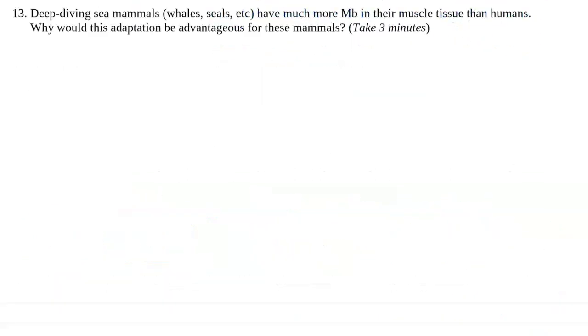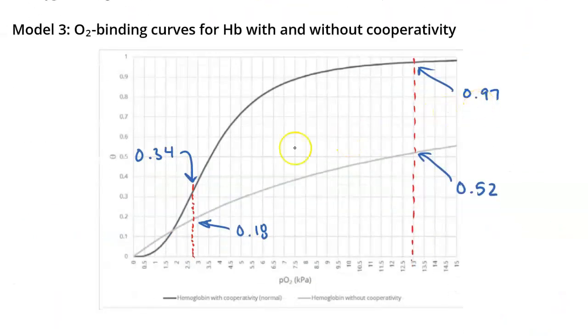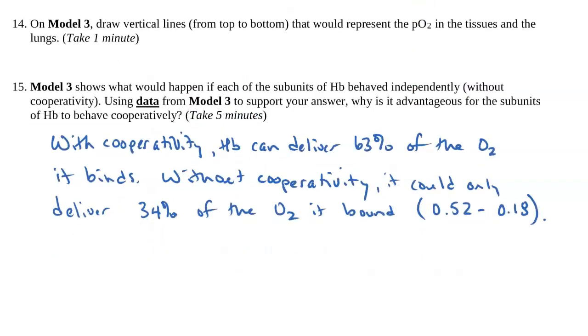But without cooperativity, what can it bind? 0.97 minus 0.34 is with cooperativity. I'm reading this as 0.52 minus 0.18. So that is only 34%. Without cooperativity, it could only deliver 34% of the oxygen that it bound. So it would still be better than myoglobin, but definitely not as good as with the cooperativity.